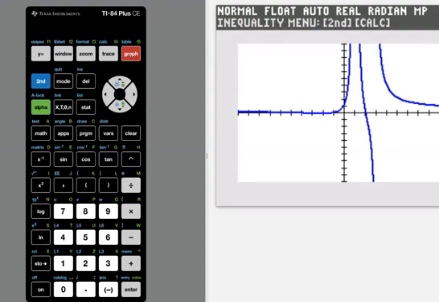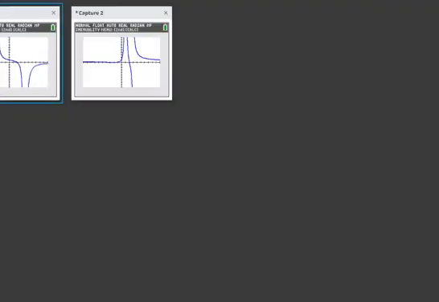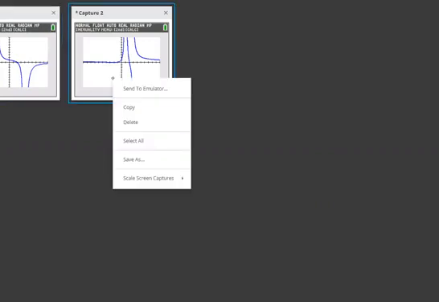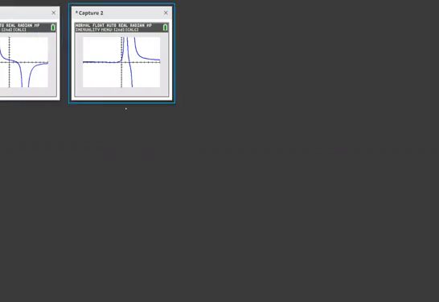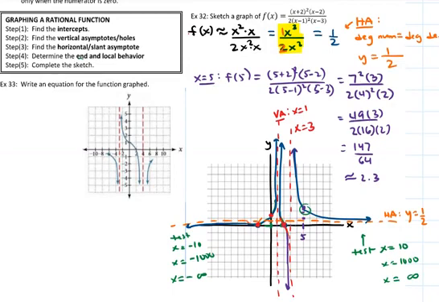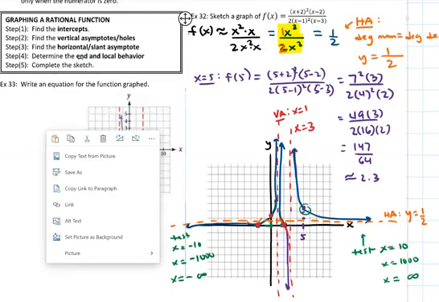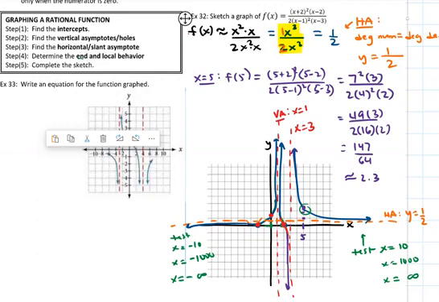And you notice we're pretty accurate. So let's copy that over and see what's happening with what we graphed. I'll paste it over here if I can, although sometimes it ends up in a different place.